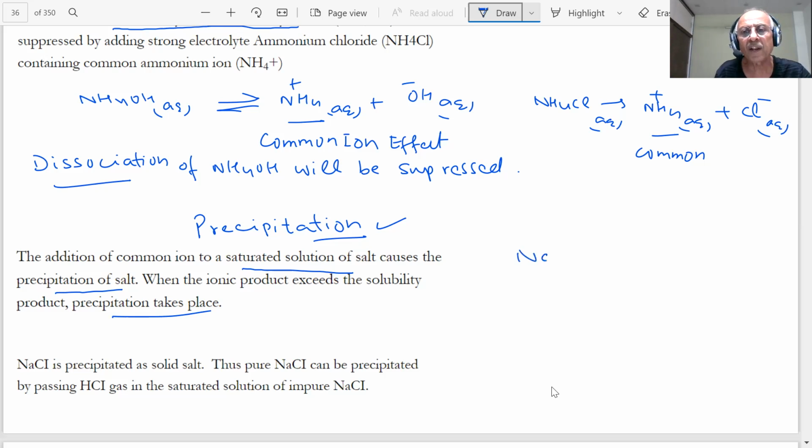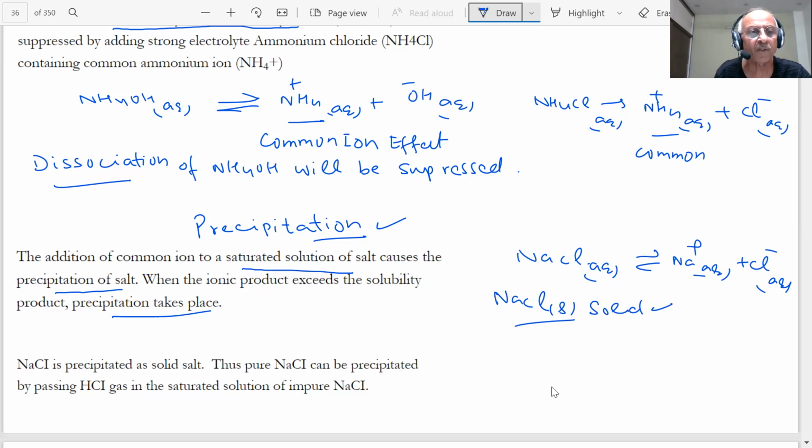If you have NaCl aqueous, you have sodium ion aqueous and chloride ion aqueous. And if you want NaCl solid salt from this, how will you get it? They pass HCl gas.